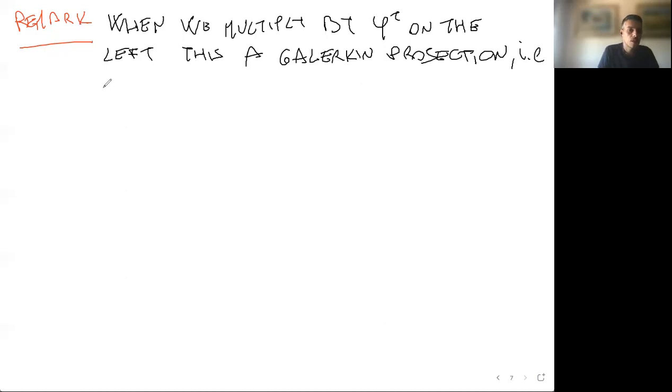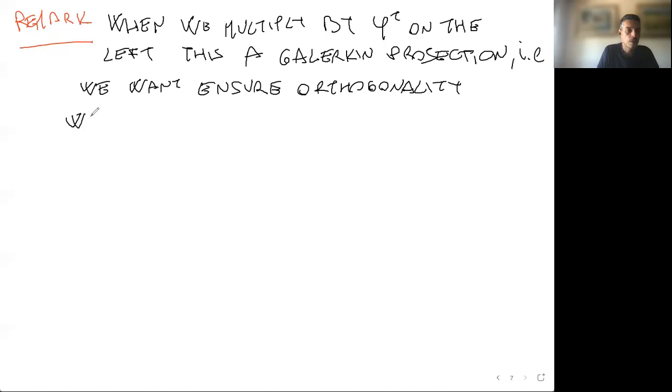That means that we want to ensure orthogonality with respect to the residual. The residual will be time dependent for sure.